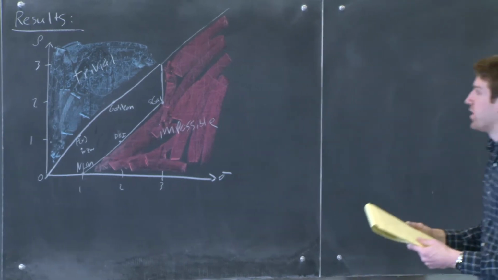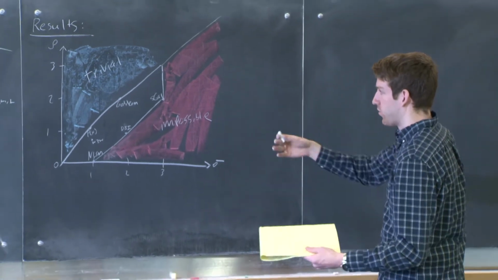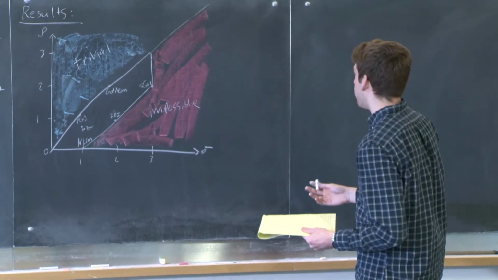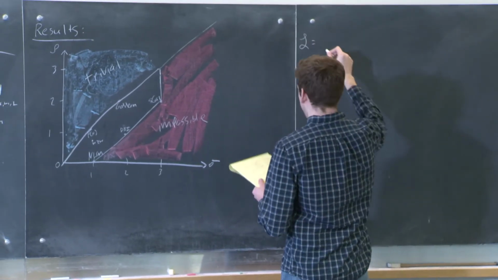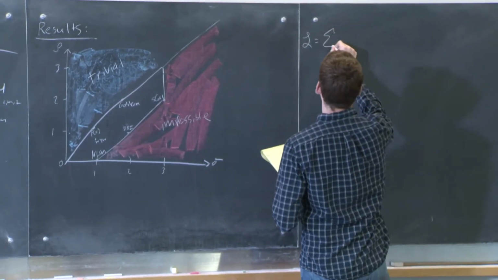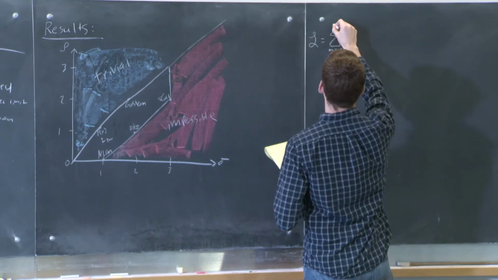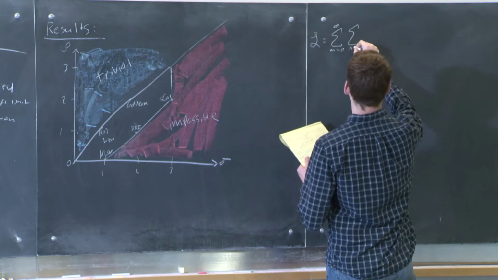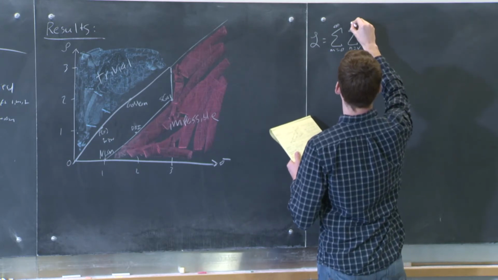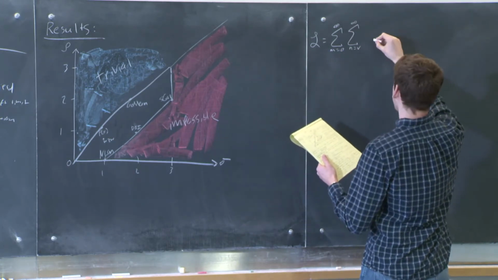Okay, let's move on to. Well, let me just write down really quickly so you have in your mind what a Lagrangian might look like for these sort of theories. Schematically, we might have something like a sum with m and n going to infinity. So here we see the valency appearing.